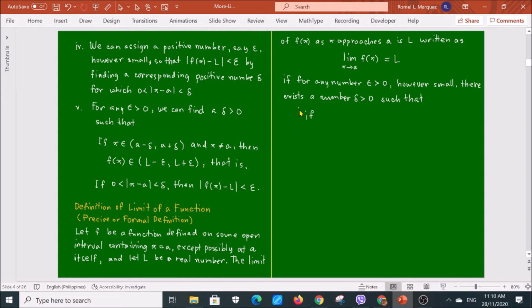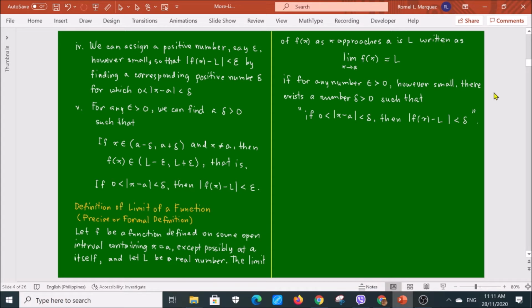if the absolute value of x minus a is between 0 and delta, then the absolute value of f of x minus L is less than epsilon. Okay?